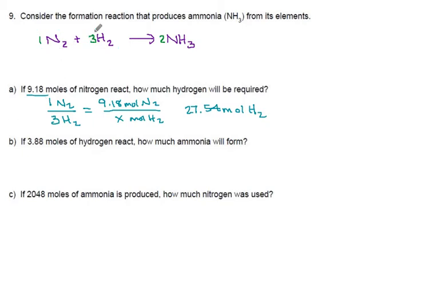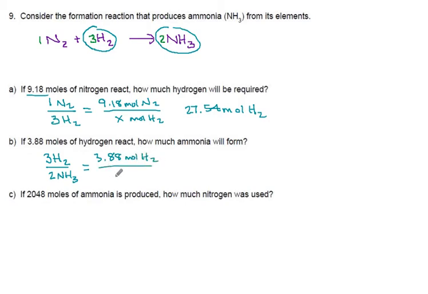Now they're giving us moles of hydrogen, and they want us to jump to moles of ammonia. Well, ratio is 3 to 2. We use 3 hydrogens for every 2 ammonias we intend to make. And they're telling us, what if we use 3.88 moles of hydrogen? That will give us what amount of NH3?